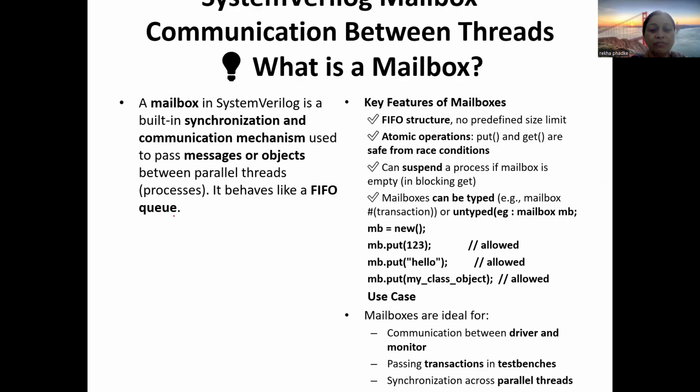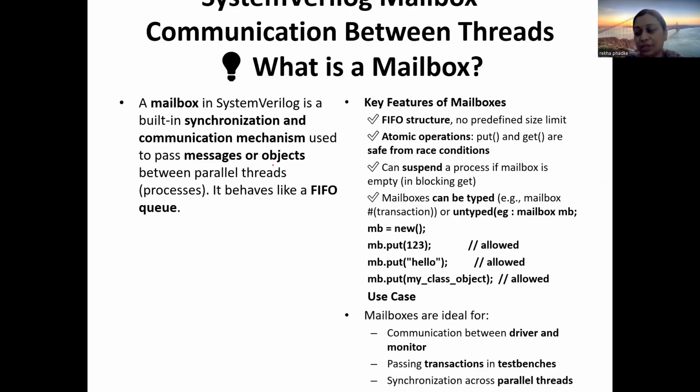So it behaves like a FIFO queue. What are the key features of mailboxes? It's a FIFO structure, no predefined size limit, and it has atomic operations like put and get that are safe from race conditions, and it can suspend a process if the mailbox is empty. So it can suspend the process by blocking it.